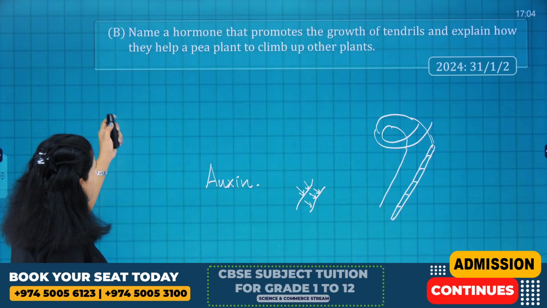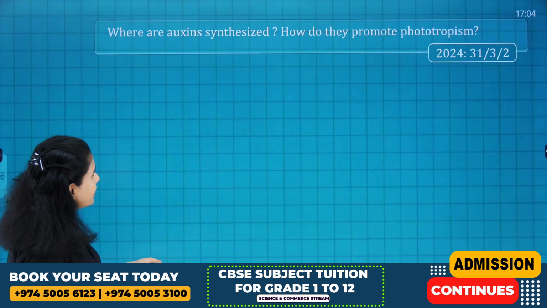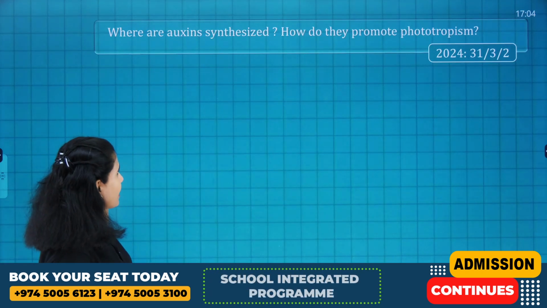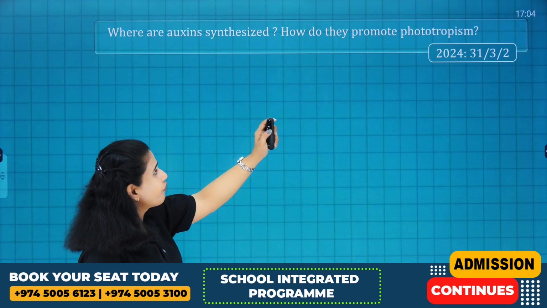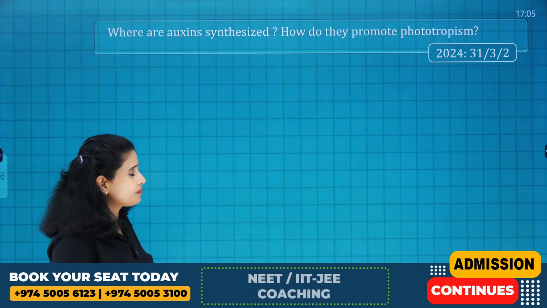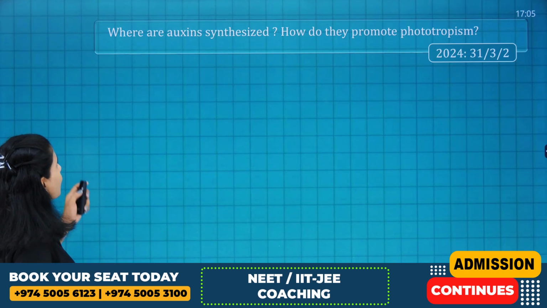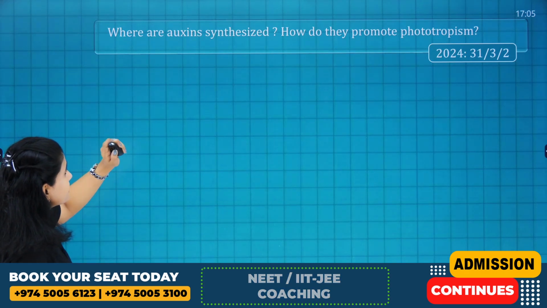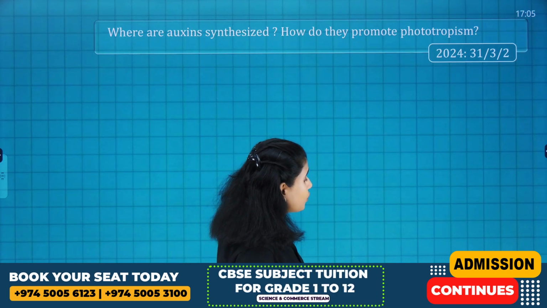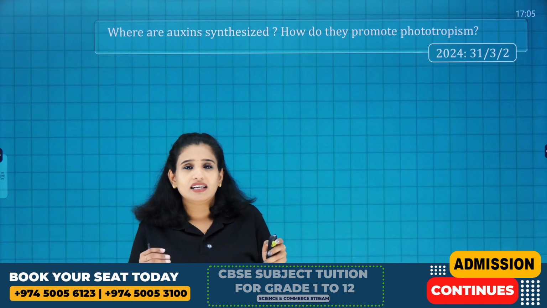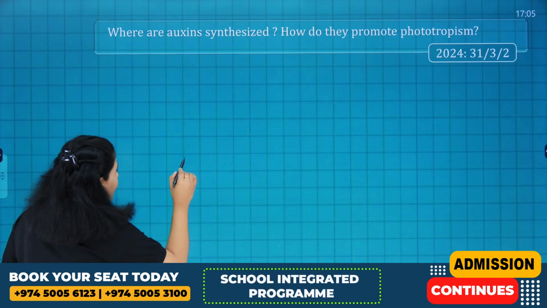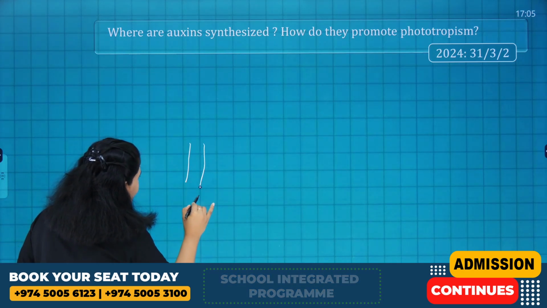Okay, next question. Where are the auxins synthesized? How do they promote phototropism? Let's see, where are the auxins synthesized in a plant?